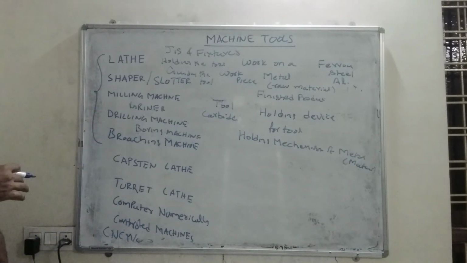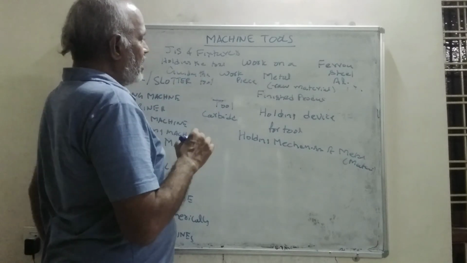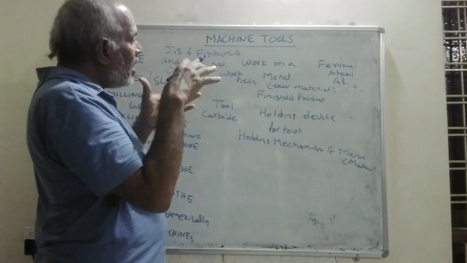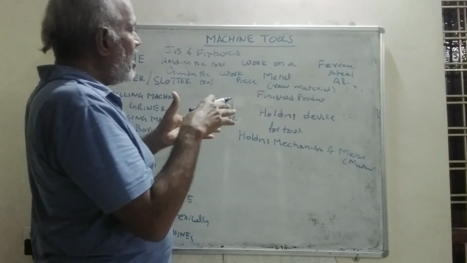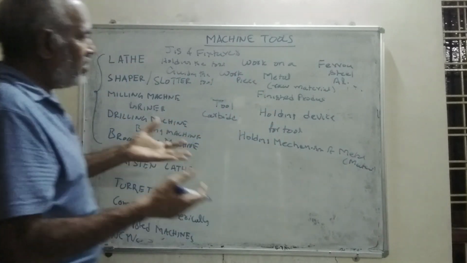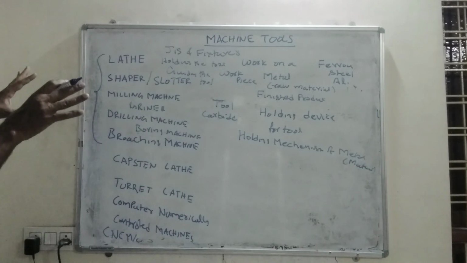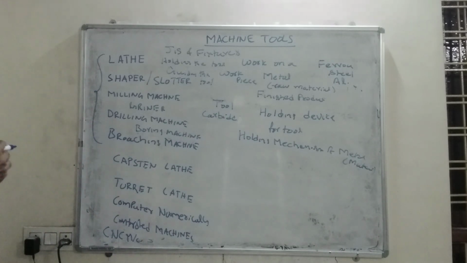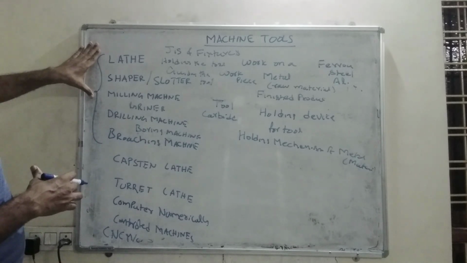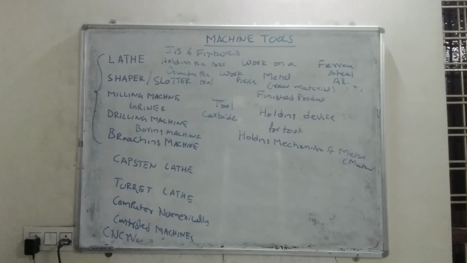That is called jig. And a fixture is a holding device which is holding the metal or the workpiece and allowing the jig, which is holding the tool, to work on the workpiece. So with these two holding devices, we can design all this type of machine tools.